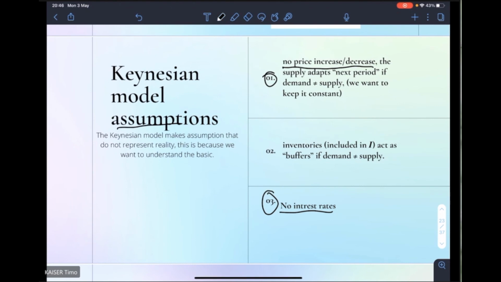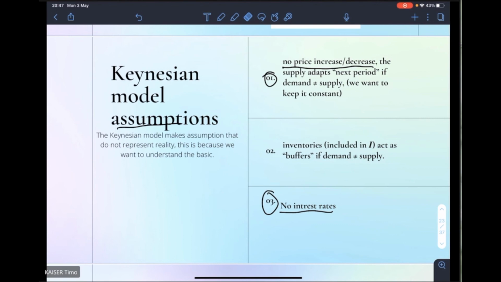So actually, as I told you, it's about making sure that this won't become reality, that demand and supply will always be equal. That means we have inventories that are somehow fictional, and they are included in investments, which is not very important at that moment.